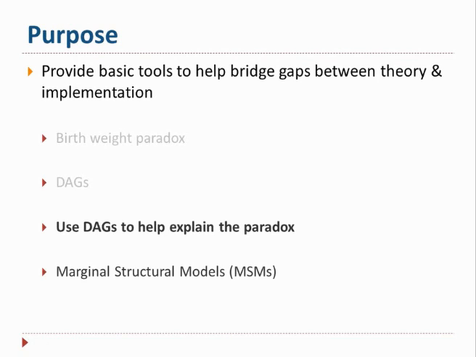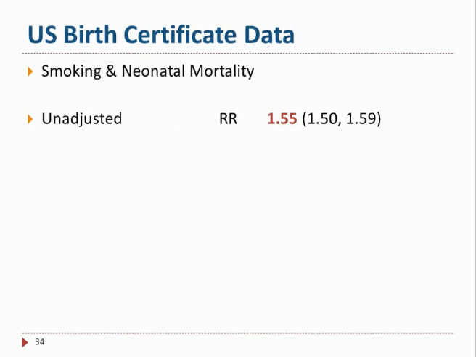Okay, so we've gone through a very brief background on DAGs and how they work. So let's see if we can use that to help us explain the birth weight paradox. Looking at the data, this is from the U.S. birth certificate data. When we look at the unadjusted effect of smoking on infant mortality, we see that smoking is associated with an increased risk of infant mortality, which is what we would expect to see.